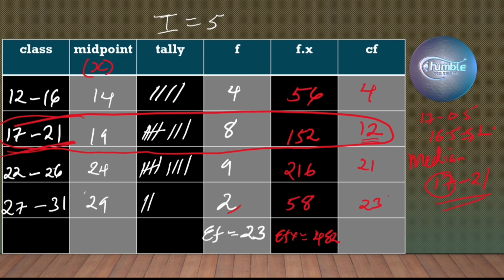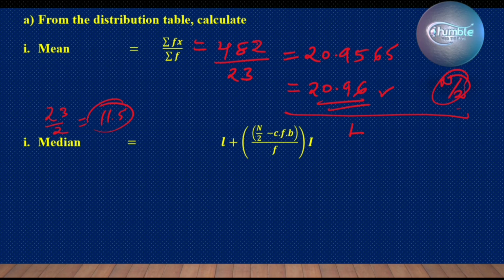After determining the median class, CFB is the CF of the class that comes before the median class. In this case, the class before the class 17 to 21, which is our median class, is the class 12 to 16. And the CF for that particular class is 4. This is what we are going to have as our CFB, the cumulative frequency of the class before the median class. That is what we mean by CFB.